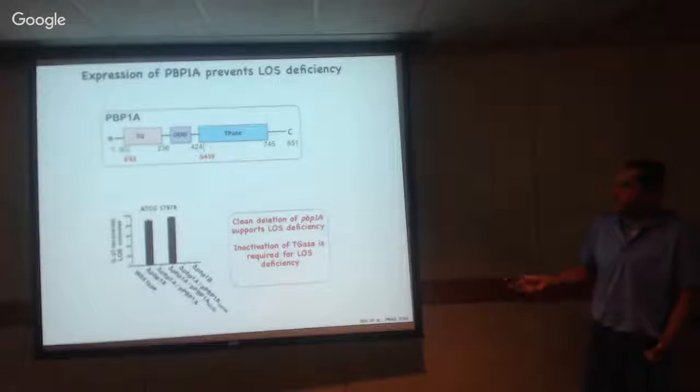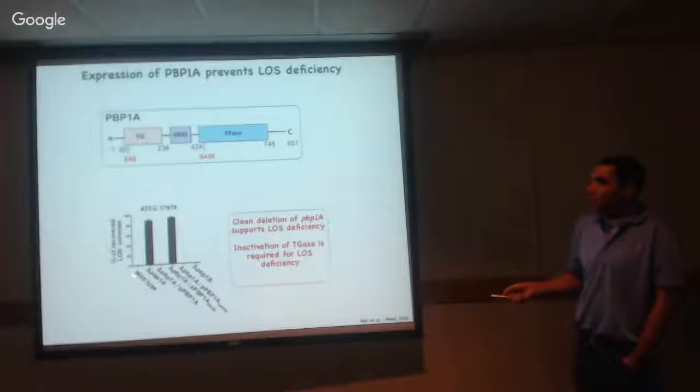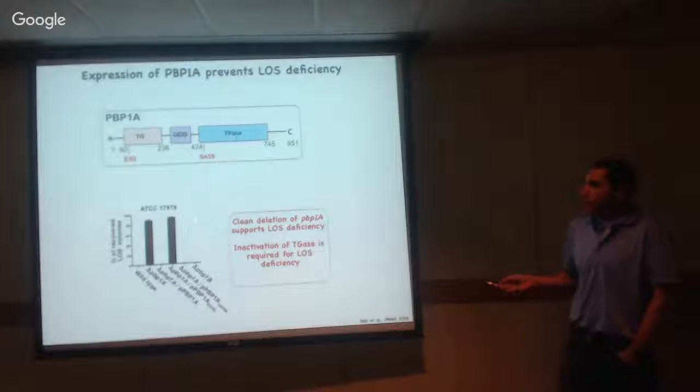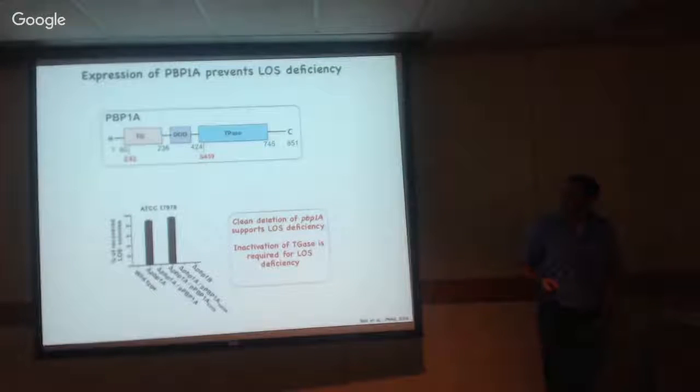Additionally, in 17978, we could never select for LOS-deficient colonies in our wild-type strain. When we knock out PBP1A, we get lots of LOS-deficient colonies, and the transglycosylase activity is required for LOS deficiency, as you can see here.